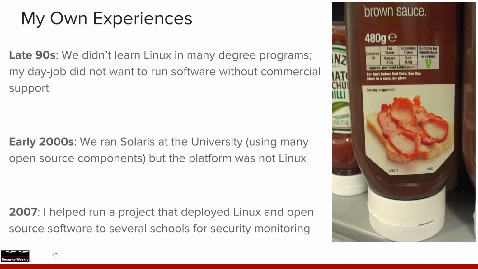That progression in a 10-year span was amazing for me in my own career, going from Linux being this cute thing that everyone laughed at, all the way to really having major support in the projects I was working on. Next slide.